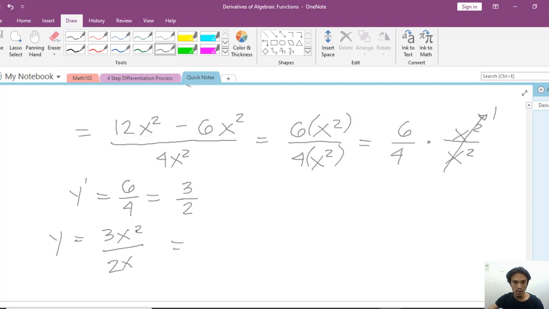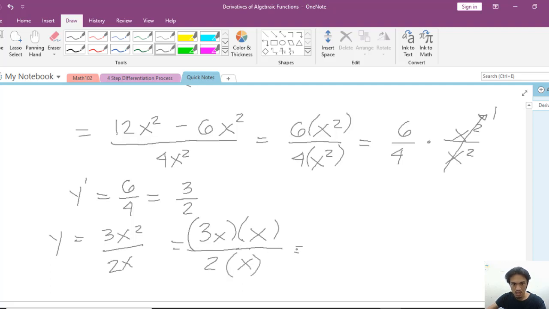To simplify this, you will cancel one part or 1x, because you can write it as 3x times x, divided by 2 times x.